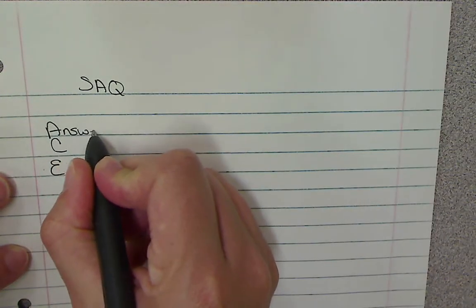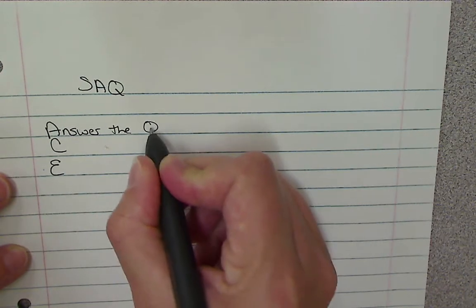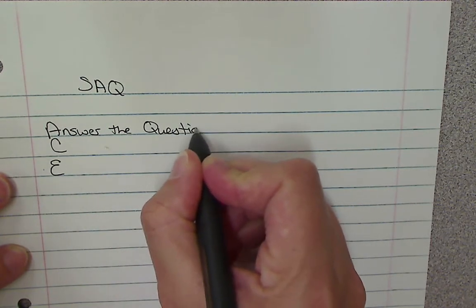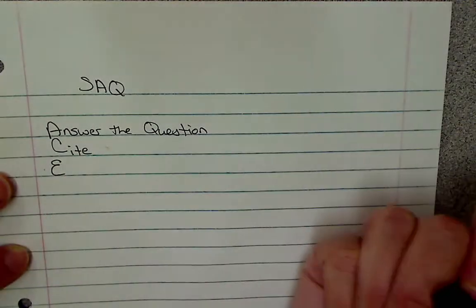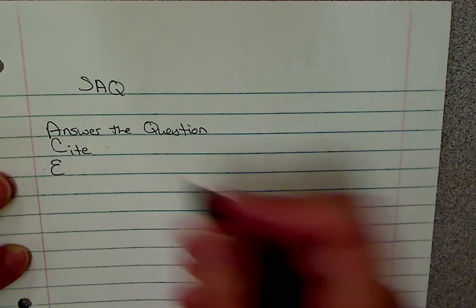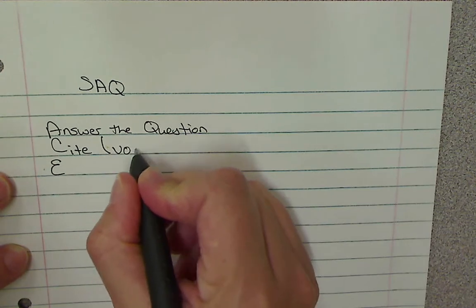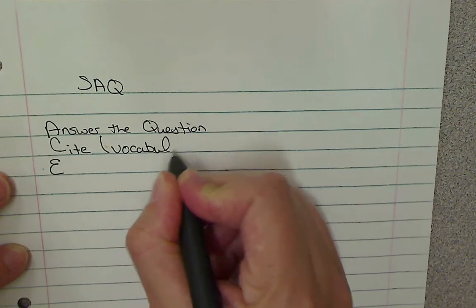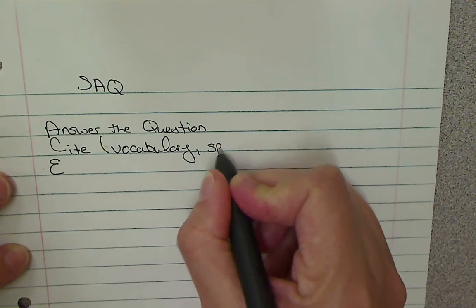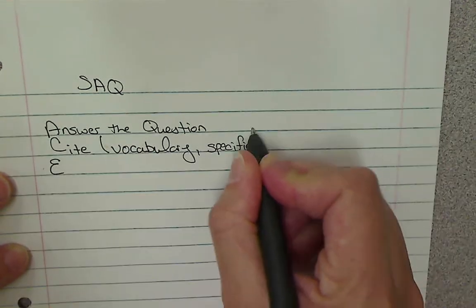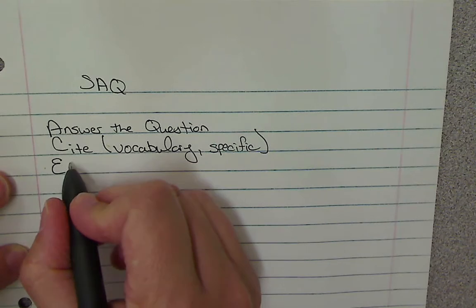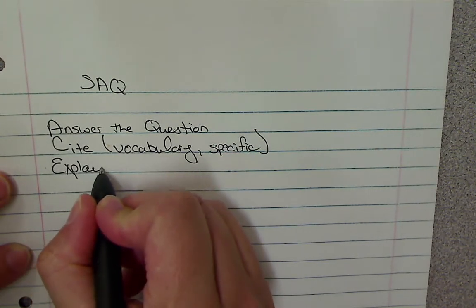One of the things that you can do is use what's called the ACE method. Make sure you answer the question, cite specific information, so this would be your vocab words, give specific examples, and then explain.